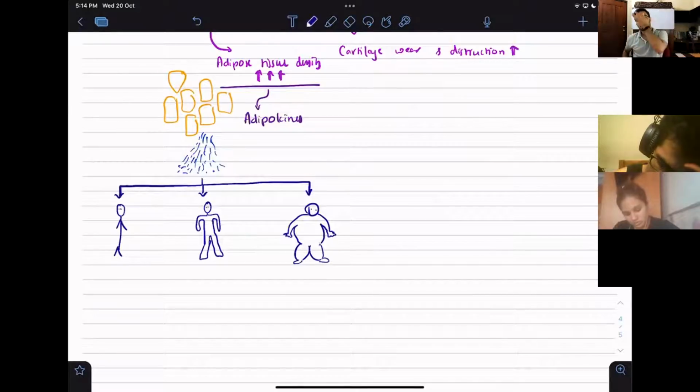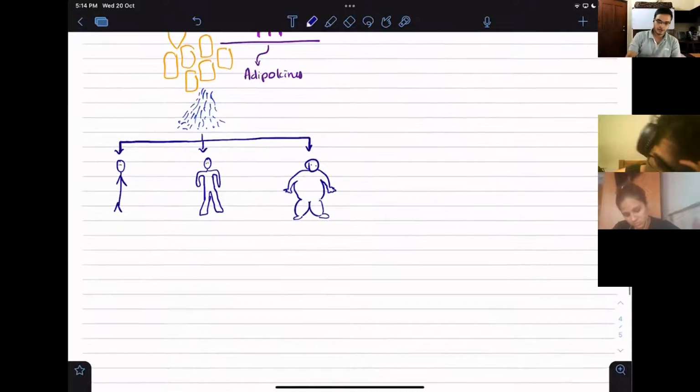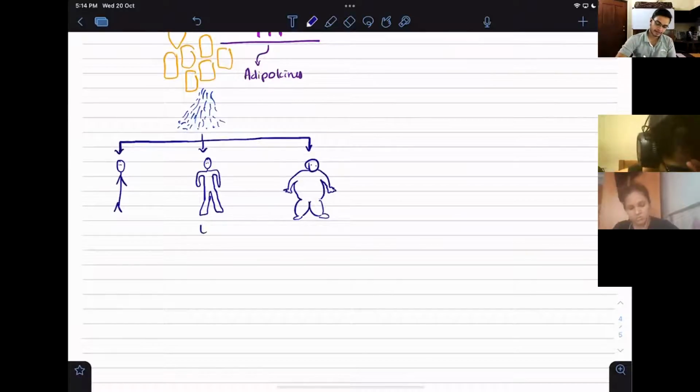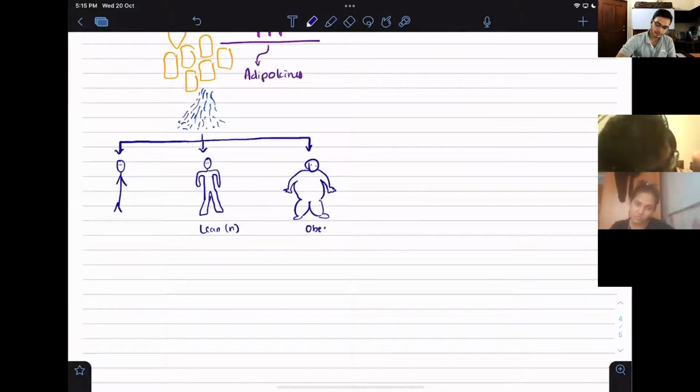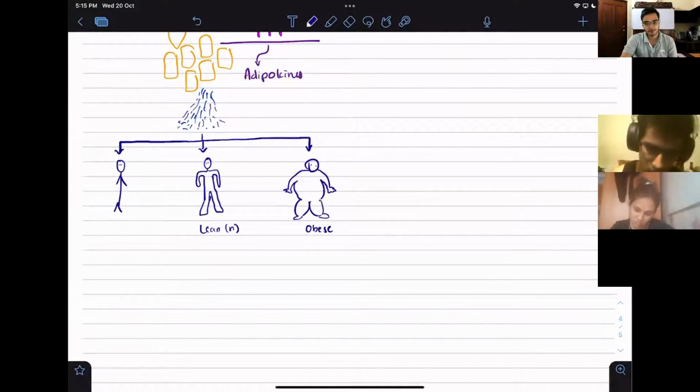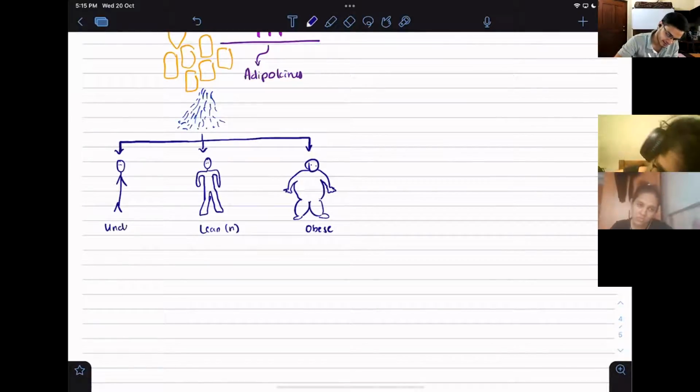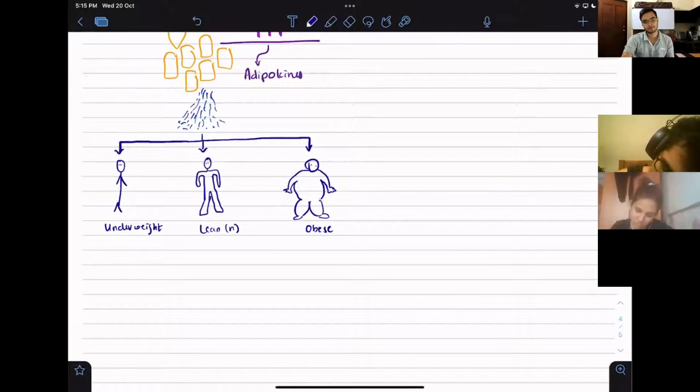So we have a lean person, this is our normal, and we have an obese person. And someone maybe who is on calorie restriction, we can say underweight. Now, look at this, guys.